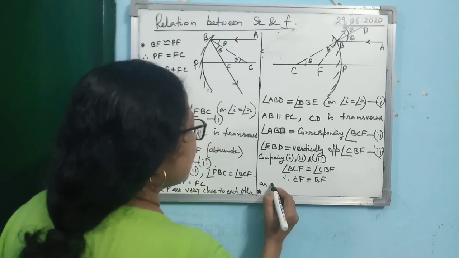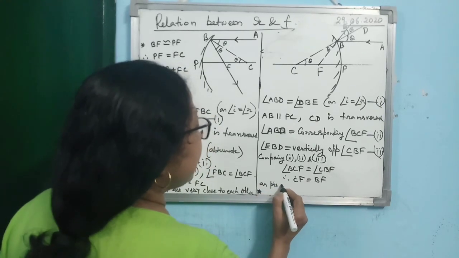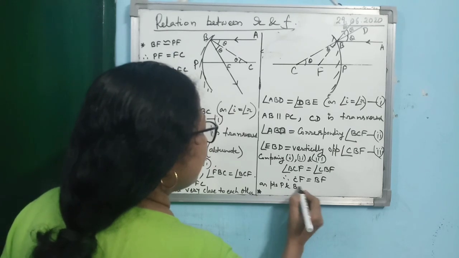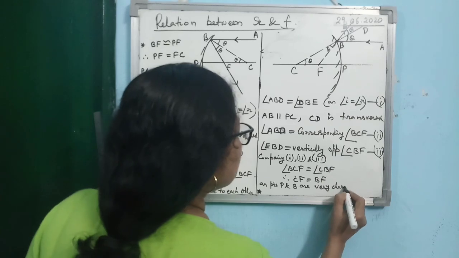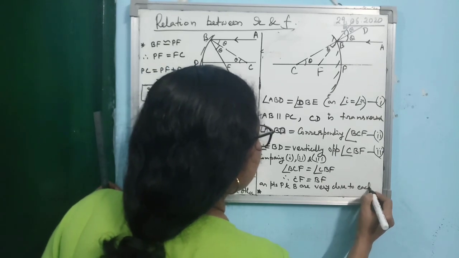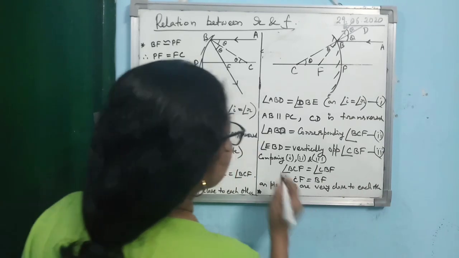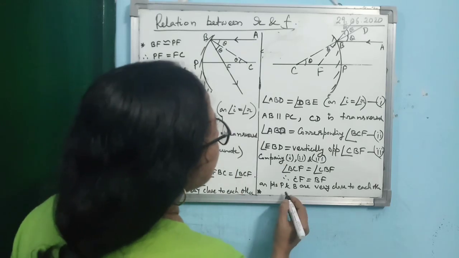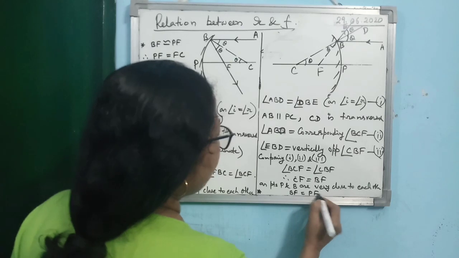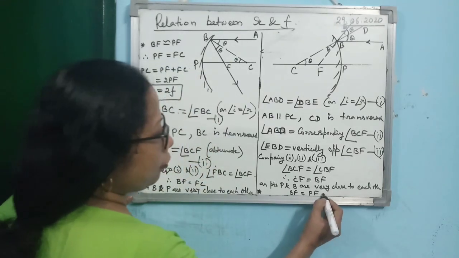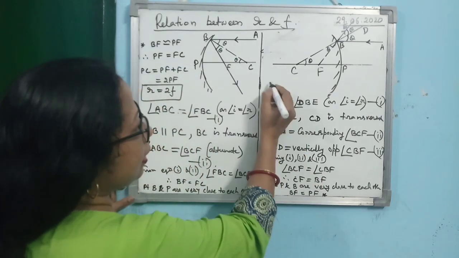But as points P and B are very close to each other, so what one can write? You can write it as BF is equal to PF. Alright. So if BF equal to PF, again I am writing here.